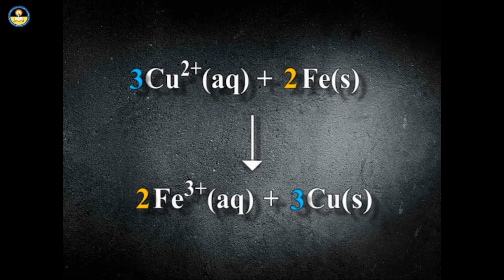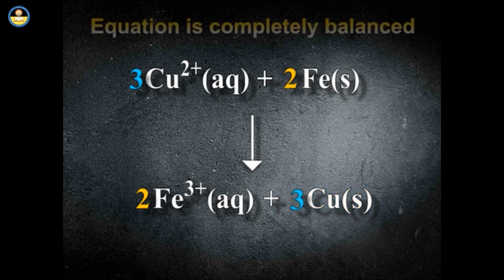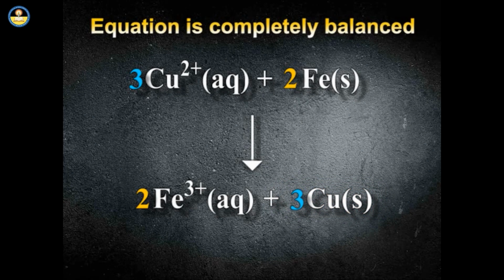The equation thus becomes 3Cu²⁺(aq) reacts with 2Fe(s) to give 2Fe³⁺(aq) and 3Cu(s). This equation is completely balanced.